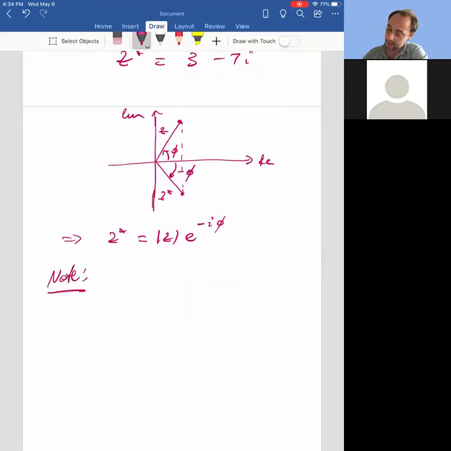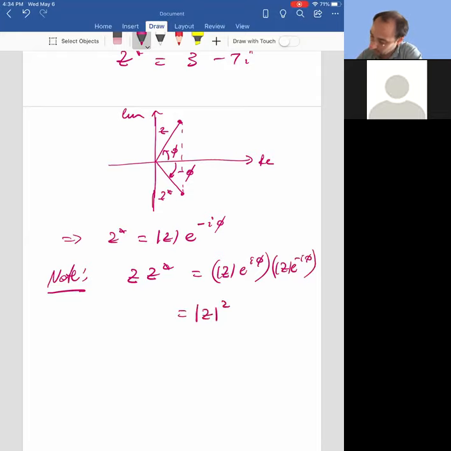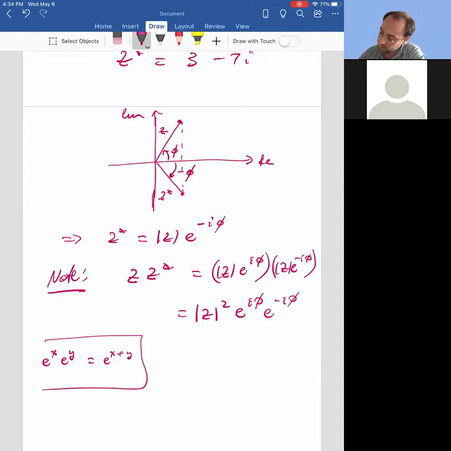Note that z times z star equals |z| e to the i phi times |z| e to the minus i phi, and then you just distribute everything, equals |z| squared e to the i phi e to the minus i phi. Now you might remember e to the x times e to the y equals e to the x plus y. Just a little algebra review. So this is |z| squared e to the 0.